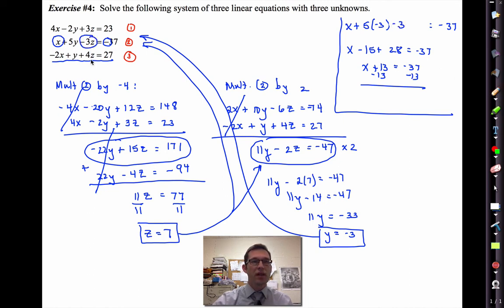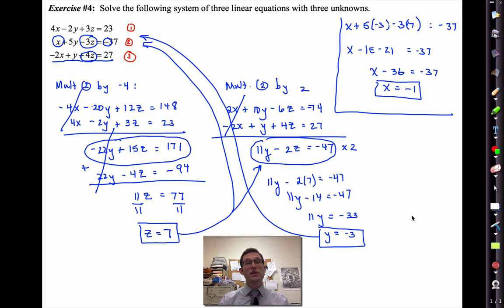My eyes skipped a line, and I picked up this one instead. I'll tell you, always check your work. Minus 3z like that. Now I've got to get rid of this. That'll be minus 21. Let me get rid of all of this, that'll be faster. And I'll get x minus 36 equals negative 37, and x is negative 1.